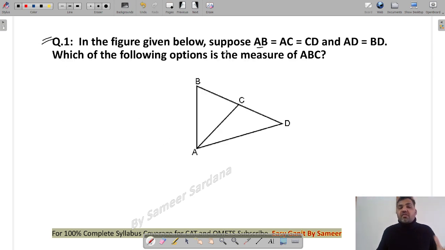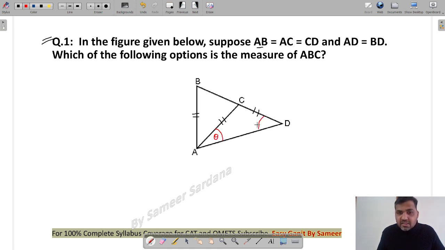It says, in the figure given below, suppose the length of AB is the same as the length of AC, which is the same as the length of CD, and AD is the same as BD. Which of the following options is the measure of angle ABC? Here AC and CD are the same, so using the property we just covered, the angles opposite these two sides will also be equal.